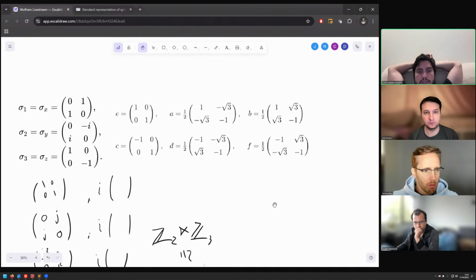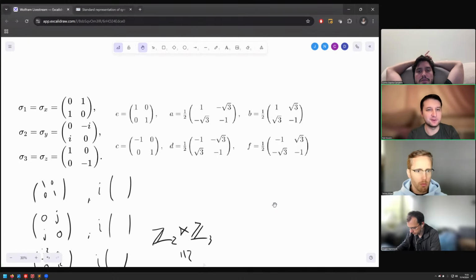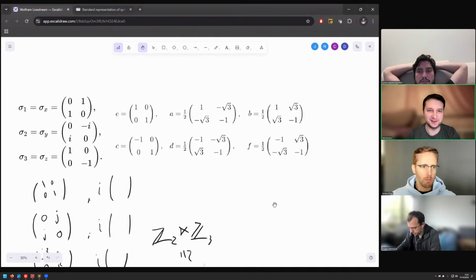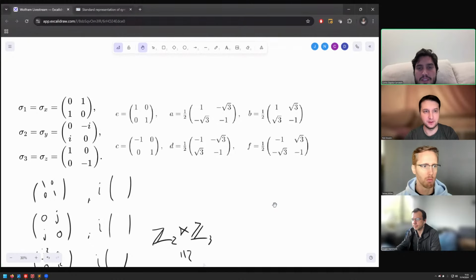Now, do they cancel in pairs? That's where writing code is much faster than that. It's like rotation matrix 2 pi over 3. Yeah. Do you check? Well, I'm going to check now.